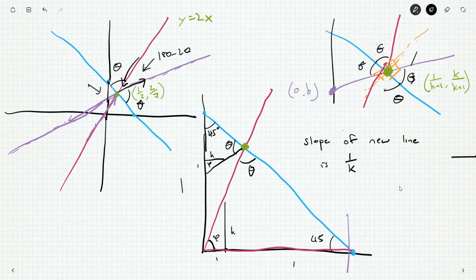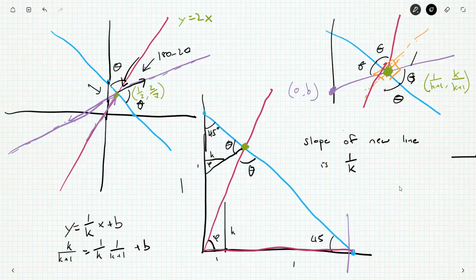And if that's true, y equals mx plus b. So that's our new line, and then we know 1 over k plus 1 and k over k plus 1 are points on here. So we'd get k over k plus 1 is equal to 1 over k times 1 over k plus 1 plus b.